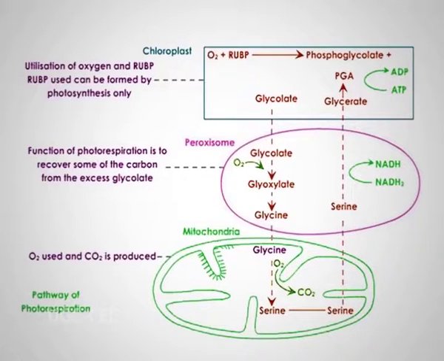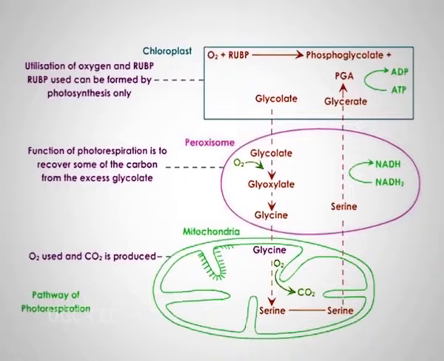The phosphoglycolate produced is dephosphorylated to glycolate inside the chloroplast, and the glycolate then moves to the peroxisomes. Peroxisomes have the catalase required to break down hydrogen peroxide, as oxidation of glycolate to glyoxylate produces hydrogen peroxide, and reactions that generate hydrogen peroxide normally occur in peroxisomes.